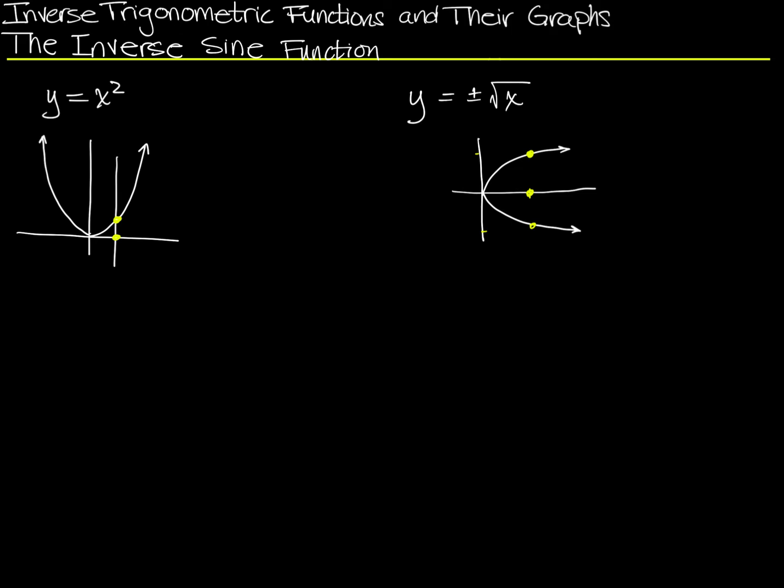That is why y equals plus or minus the square root of x is not considered a function. It fails the vertical line test. A vertical line passes through the graph more than one time. Even if there are places where it only passes through once, such as here at the origin, the fact that it passes through more than once anywhere makes it not a function.